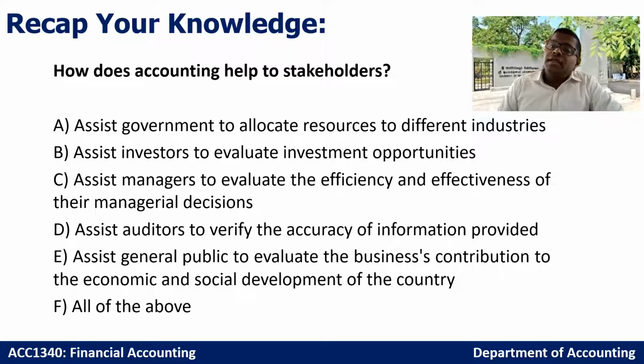But if you look at a company listed in the stock exchange, stakeholders are much more. When you take shareholders, there are many thousands of shareholders, many suppliers, many customers.